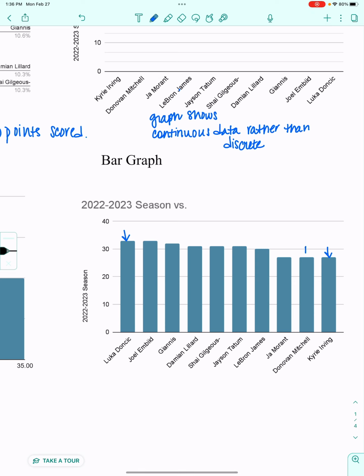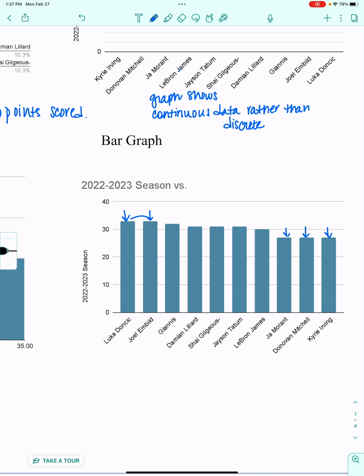We can also tell that these two guys appear to tie for the lowest score in a game. We can see, it appears anyway, that Luka and Joel also might tie for that high scoring points. So it's possible. It also is showing discrete data.